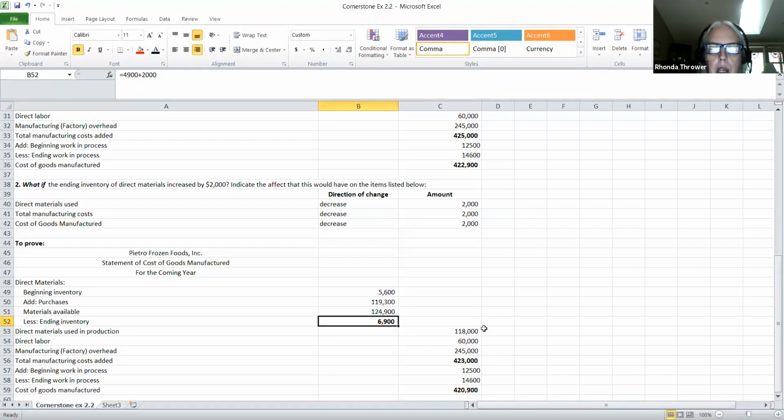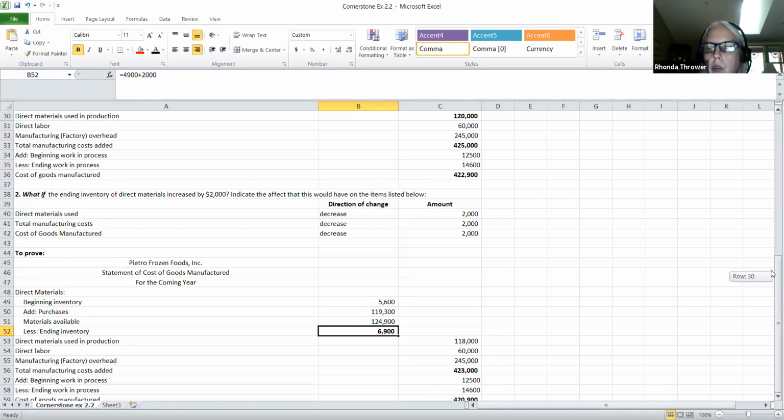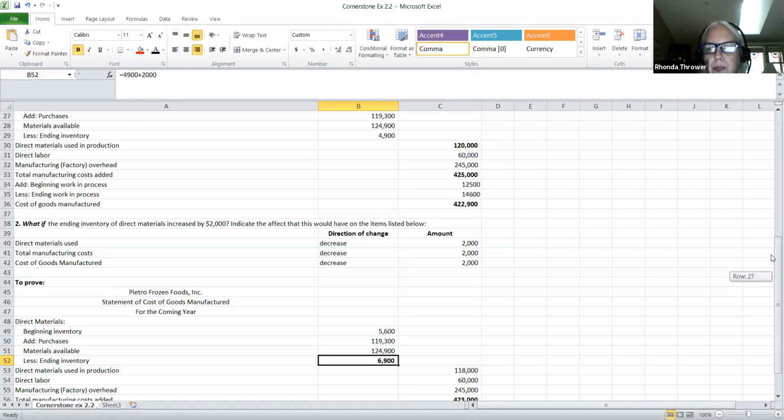So it gives you less production cost for your direct materials. If you have less production cost for your materials, it also affects your total production cost. It'll make those go down. And then the cost of the goods manufactured, of course, would also go down because of that adjustment.